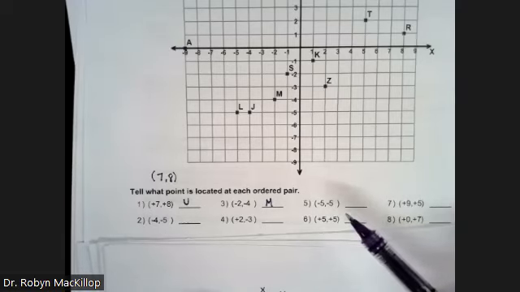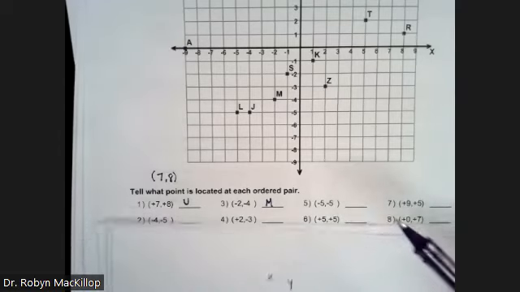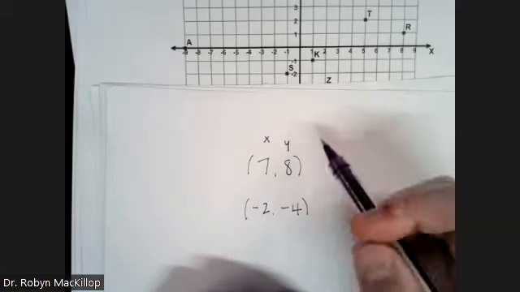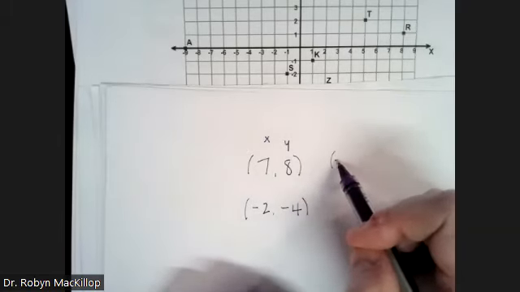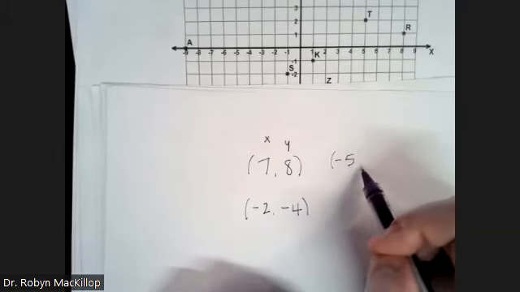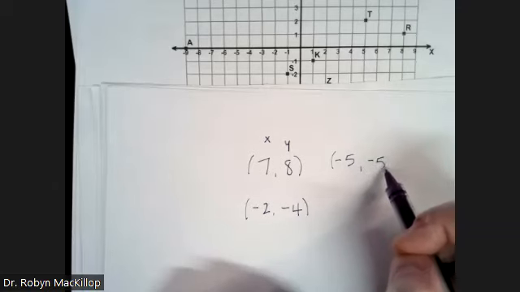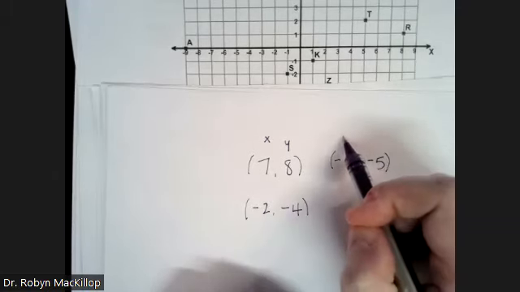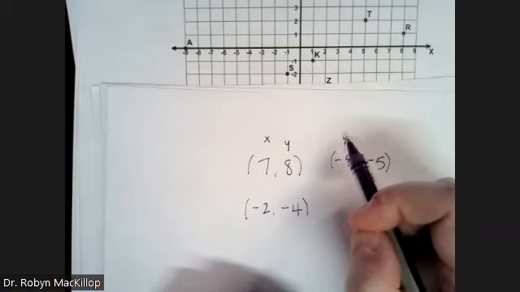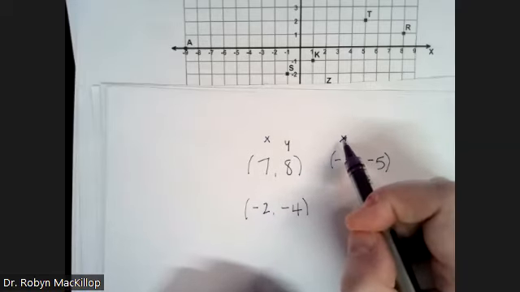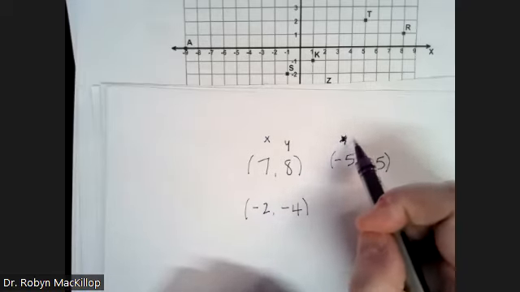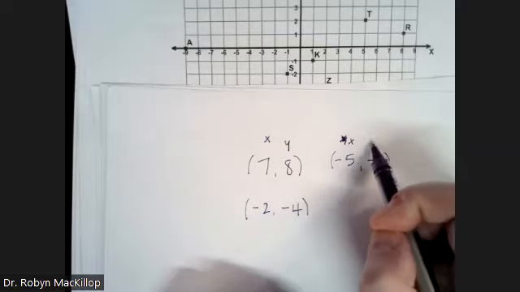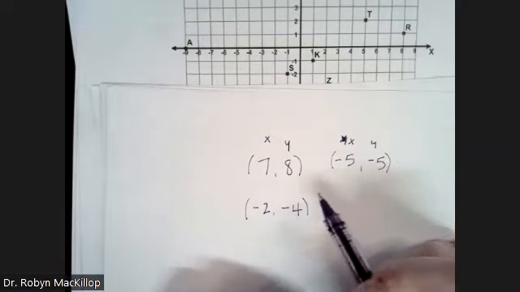All right, let's do -5, -5. So again, the ordered pair, the first one is always X. That's where you're going to find it on that side. I just wrote a Y. I said X and I wrote a Y. That's a brain freeze.